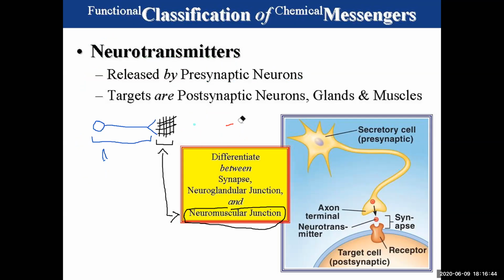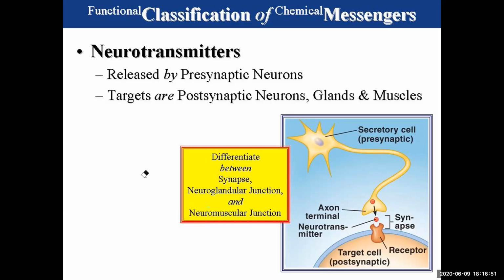It gets on my nerve when I read textbooks and they use those terms loosely without making a distinction. For example, here they say target cell postsynaptic. In this case, this has to be a neuron, not a secretory cell. This here has to be a presynaptic neuron.